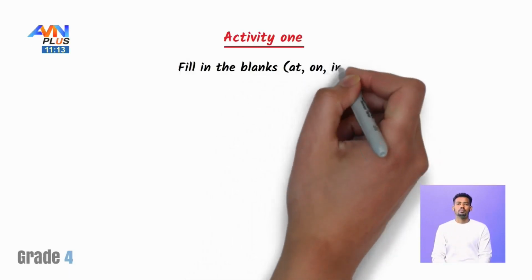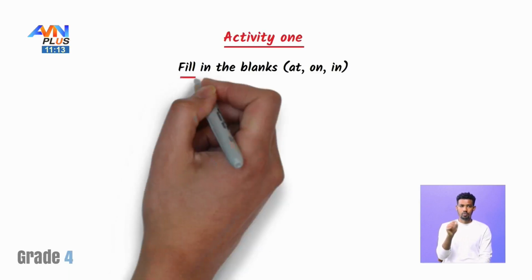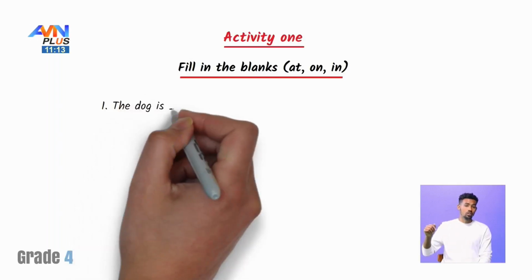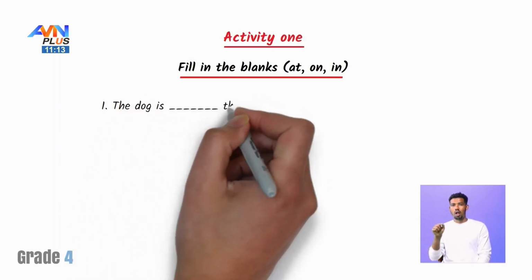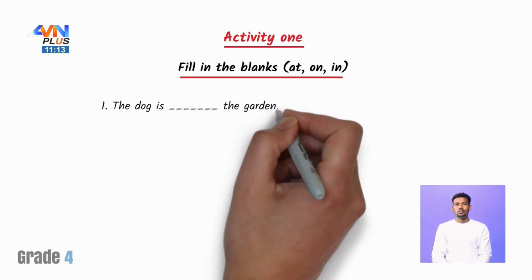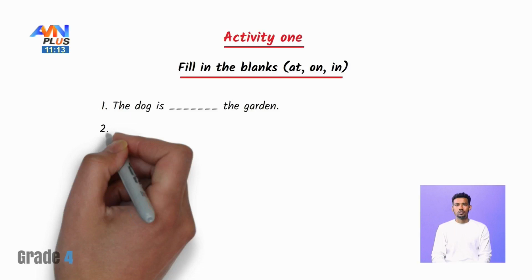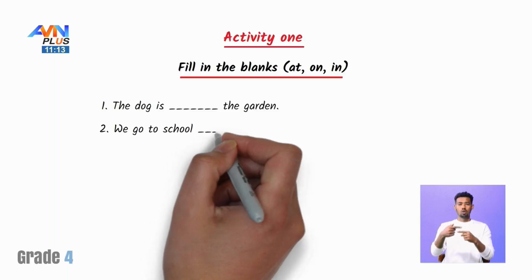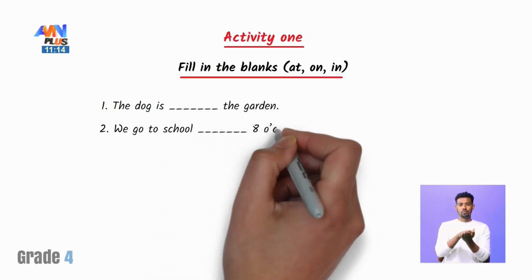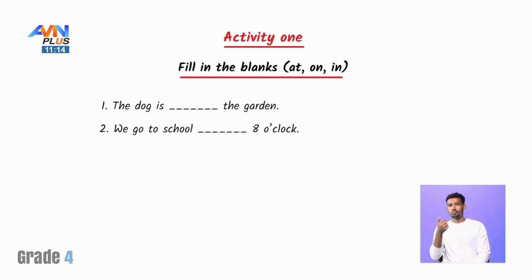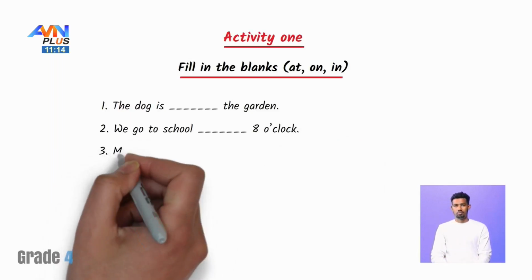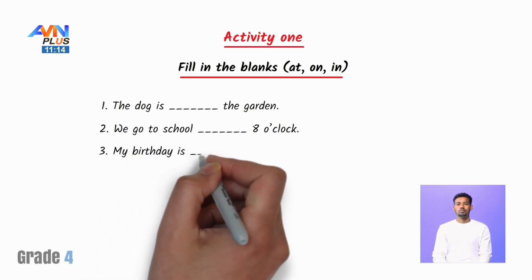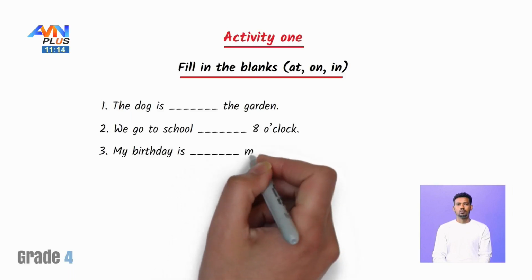By using at, on, and in. 1. The dog is blank the garden. 2. We go to school blank 8 o'clock. 3.